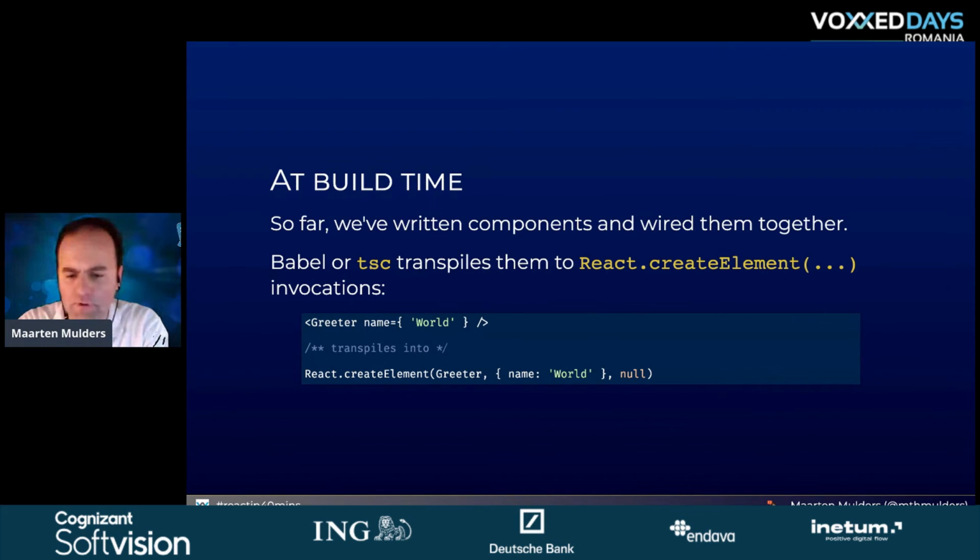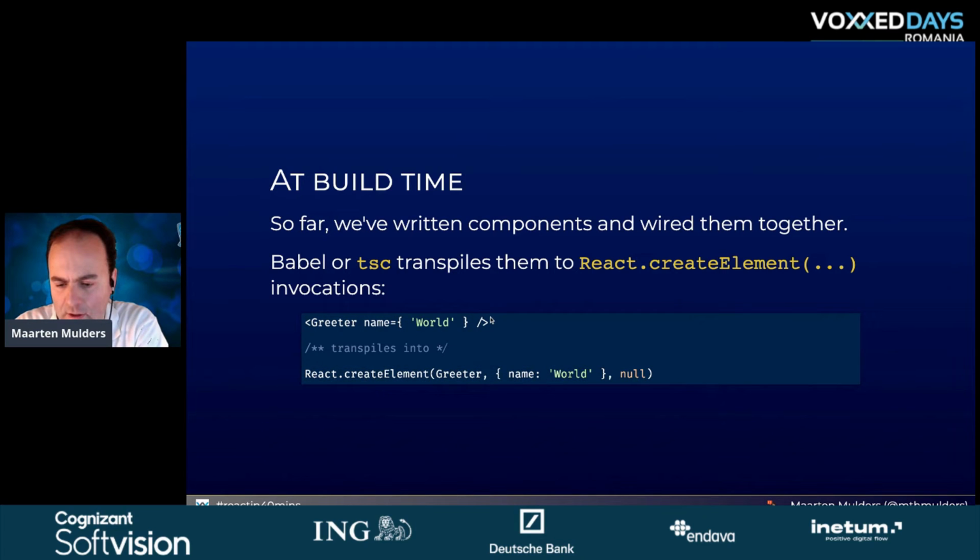The magic happens in two steps, and the first step is during the build of the application. What we've done so far, we just wrote some components and combined them. But if you start a build, you will typically invoke Babel or the TypeScript compiler, which will convert this piece of XML into this piece of JavaScript.